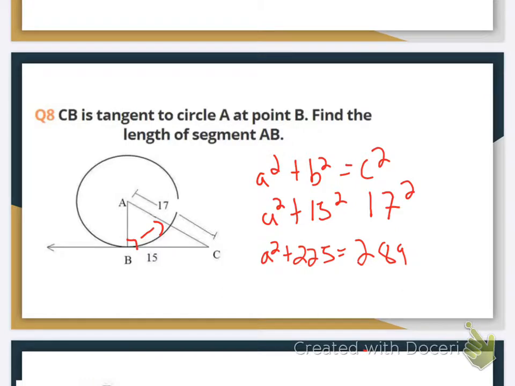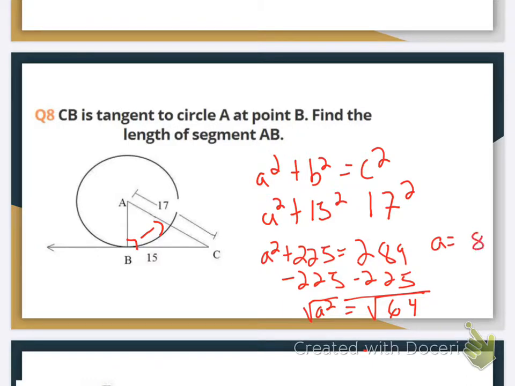And then we're going to subtract over the 225. That gives me 64. So a squared equals 64. To get our value of a, we've got to square root both sides. We get a equals 8 because 64 is a perfect square.